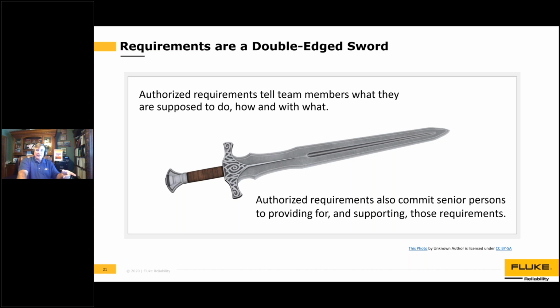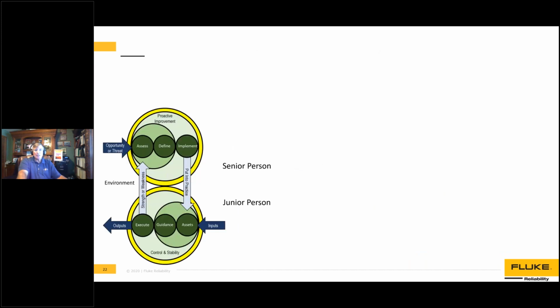But the other side of that sword is that those authorized requirements also commit the senior persons to providing for and supporting those requirements. If you're putting a change process in place and it's all been mapped out exactly how we're going to implement this change, that means the senior people have to provide the guidance and the requirements that allow you to carry out those changes.